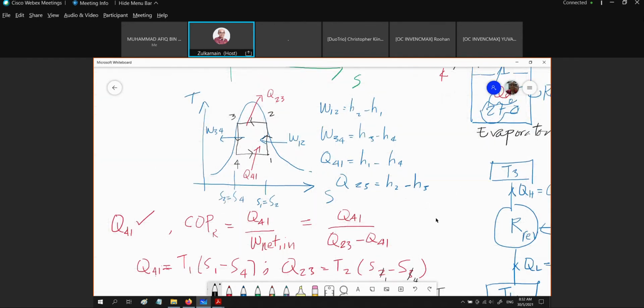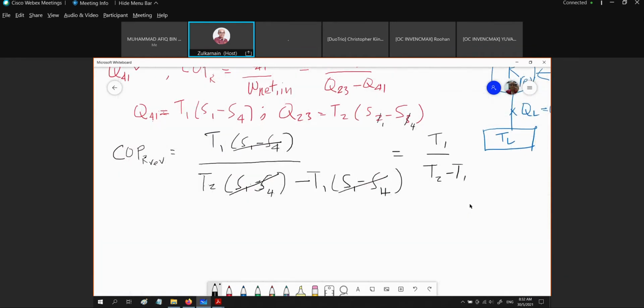So if these are the temperatures involved, then what we have right here is T1, which is minus 26 plus 273, divided by T2, which is 40 minus, sorry, T2 is 40 minus (minus 26).